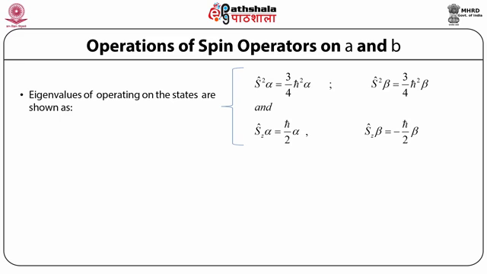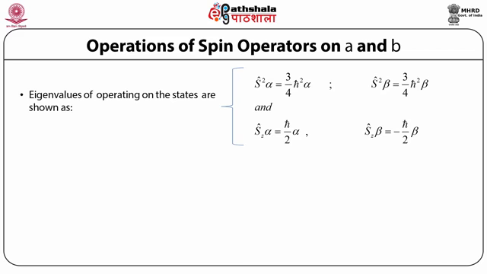In order to find these values, we operate these operators on the eigenstates alpha and beta, where alpha is the spin up state and beta is the spin down state.